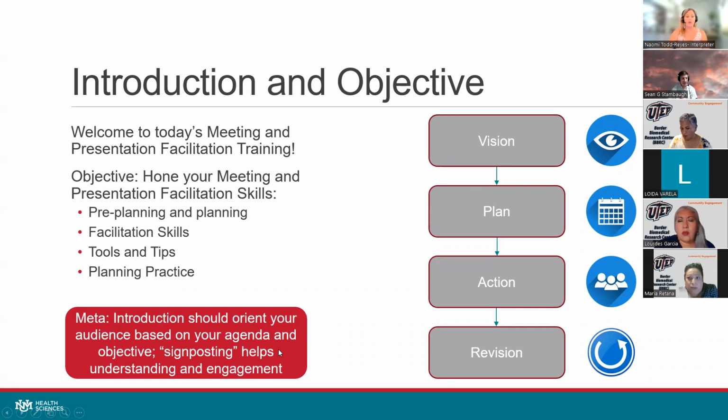looking behind the scenes. In any training you develop at the very beginning, the way I have done just now, it's a really good idea to help orient your audience to what they will be talking about. So you should look at your agenda and objective and introduce those to your audience really early in your training so folks know what we will talk about and why they are here.